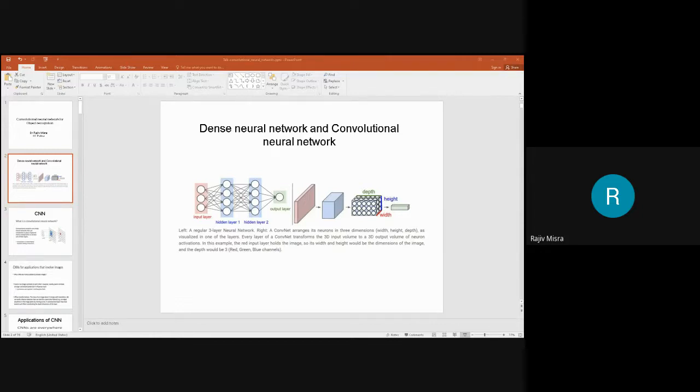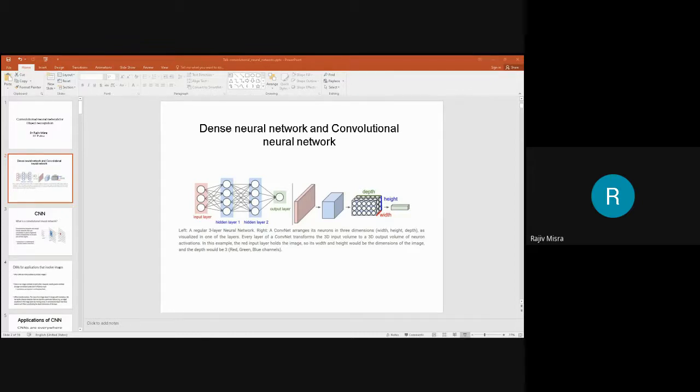So what are the core tasks of computer vision and where does CNN fit? The first core task is the classification of an image: given an image, you have to assign a label to it. This is called classification. Another task is localization, where you have to determine the bounding box containing the object in a given image.